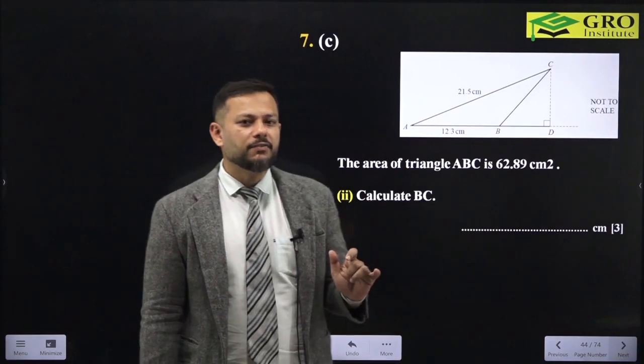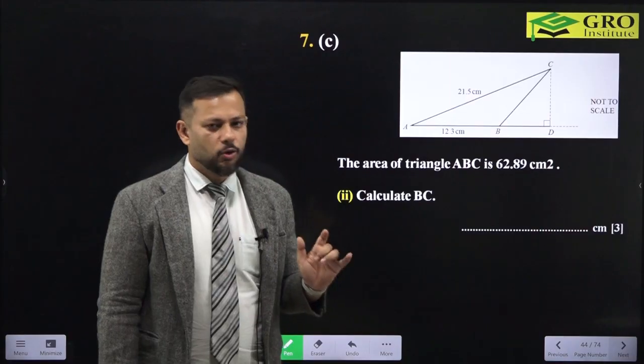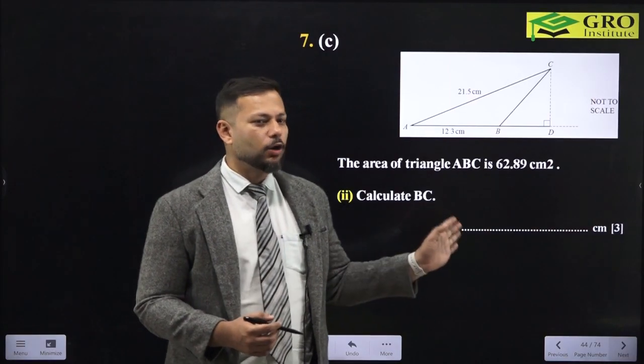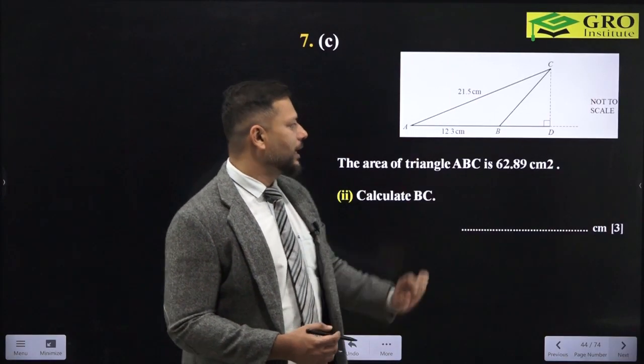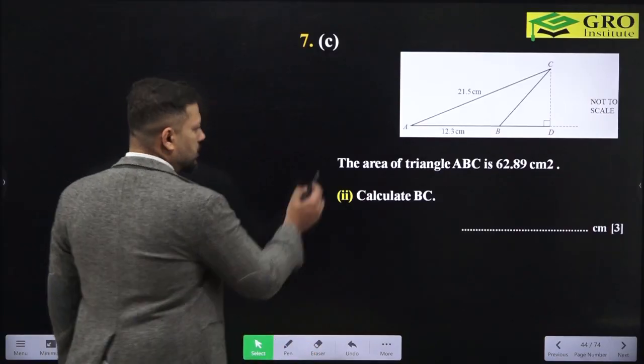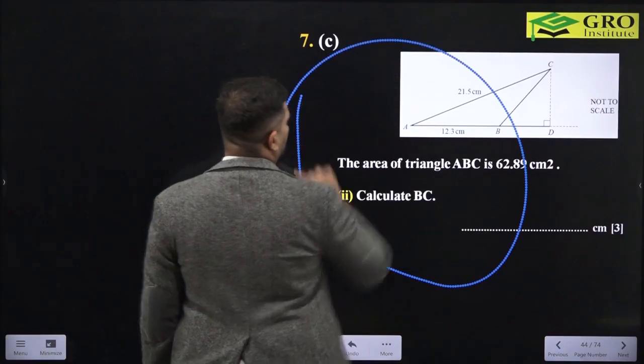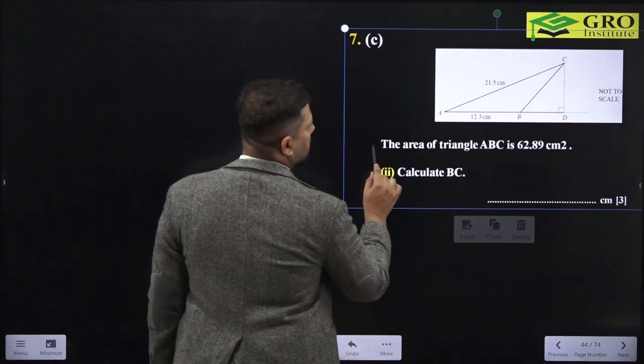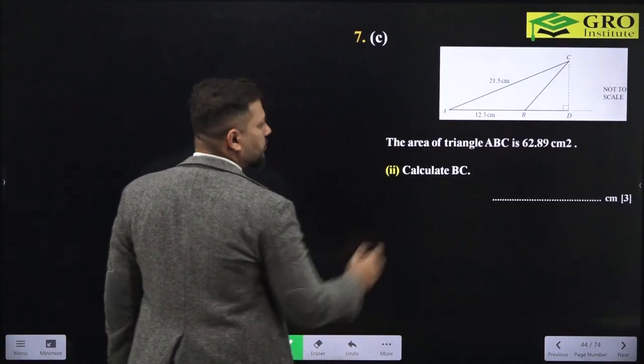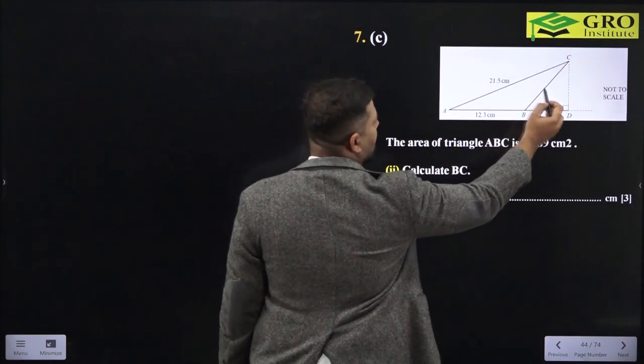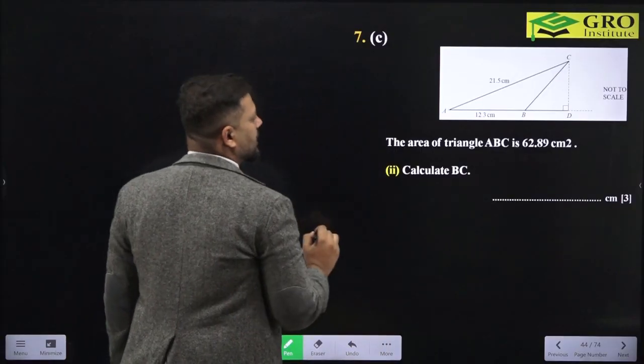For that, again, we can use the formula. We know about it. So the formula to find out this side BC, let us look at this triangle first of all. Yes. So here in this triangle ABC, to find out this BC, we can devise a formula.